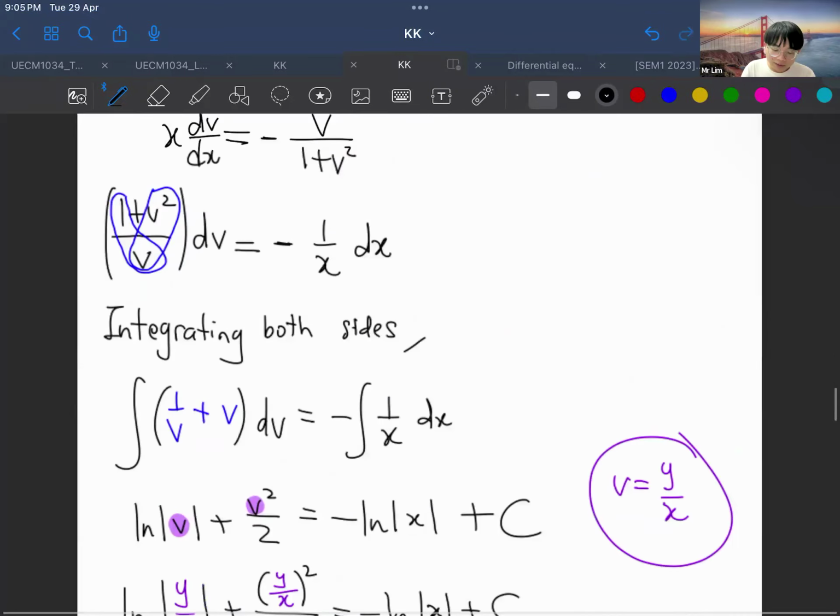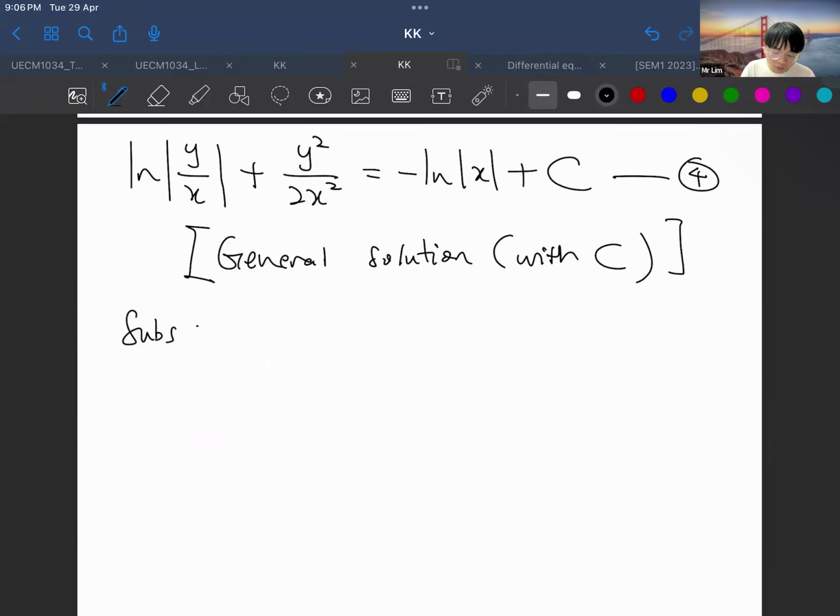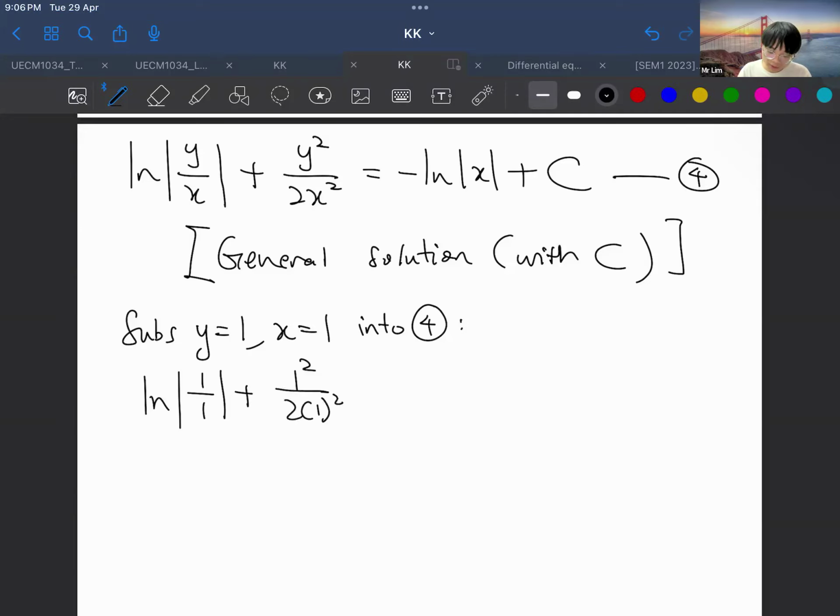Now I substitute y equals 1, x equals 1, the condition given, into my equation 4. So what am I getting? ln 1 over 1 plus 1 squared over 2 times 1 squared equals negative ln 1 plus c.